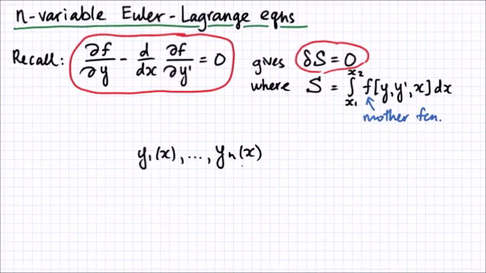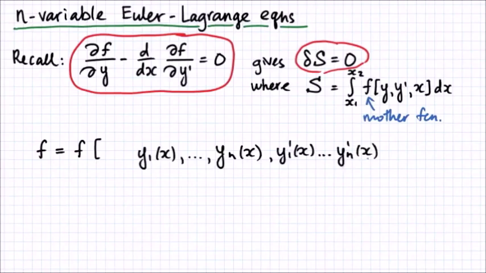We do that by introducing a new mother function, which we will later see is known as the Lagrangian, defined in terms of all these functions that we will seek to find and their slopes, as well as the independent variable x. So let's imagine that this is how our new mother function will look.